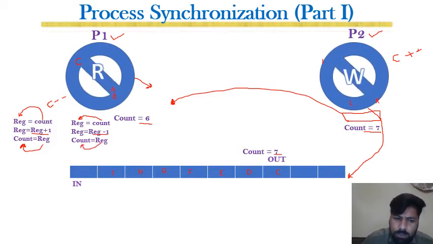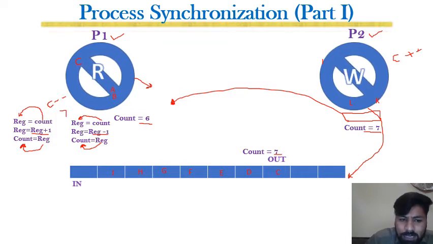So count plus plus and count minus minus are not atomic operations. In assembly language, they further consist of 3 sub steps that must be performed, and once they are running concurrently, the problem arises. Here you can see, for example, that 7 was the initial value of the count.